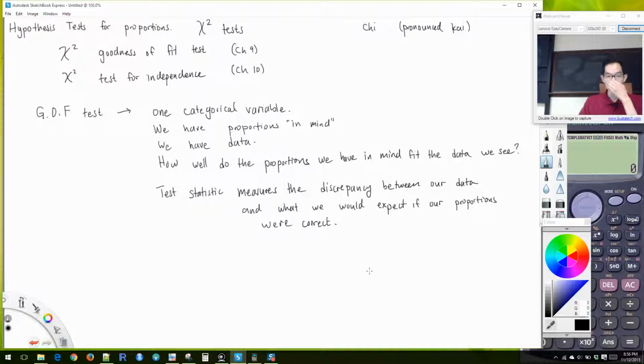Okay? The chi-squared test for independence is very similar, except we now have two categorical variables.